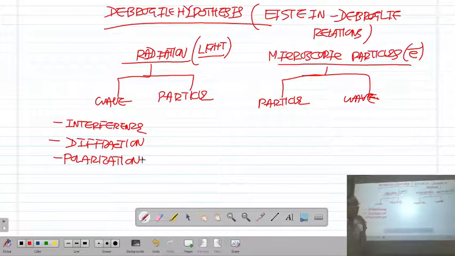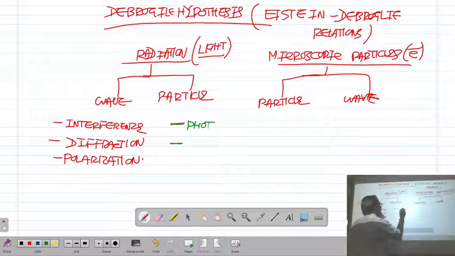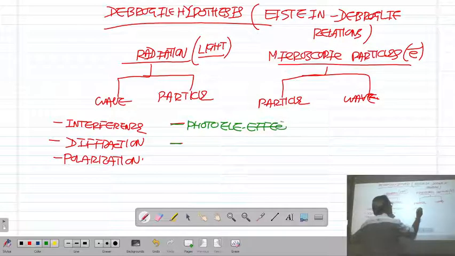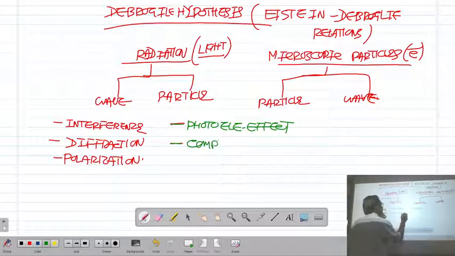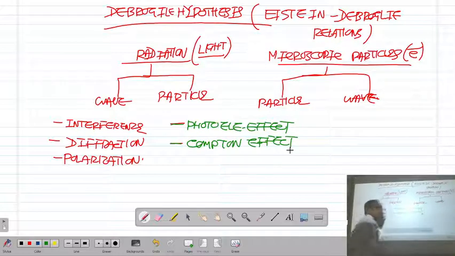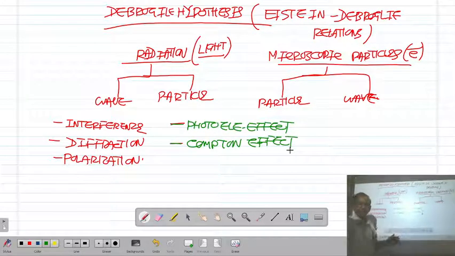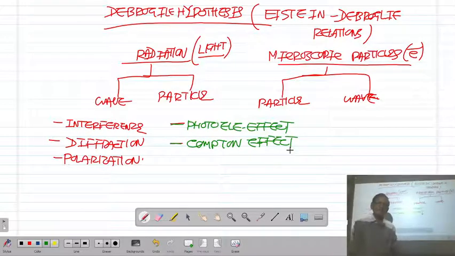Now on the other hand, there are some phenomena like the photoelectric effect, Compton effect, and black body radiation, right? In the Einstein photoelectric effect, when light of sufficiently high frequency, say ultraviolet light, is incident on a metallic surface, electrons are emitted from the surface.